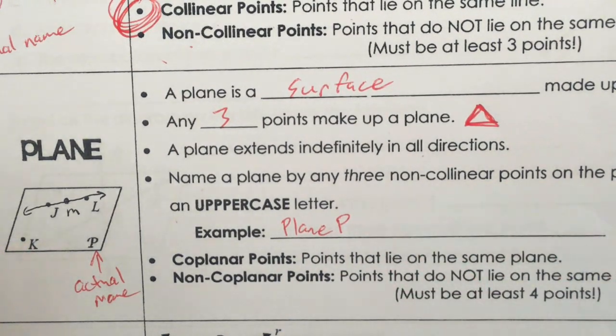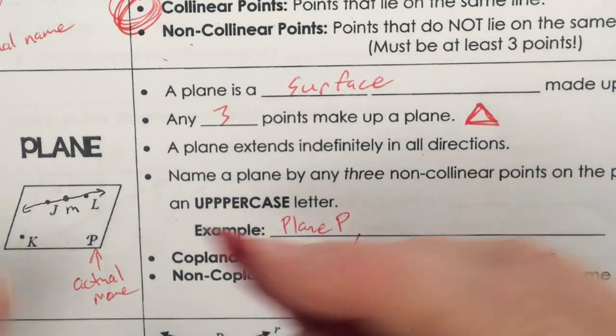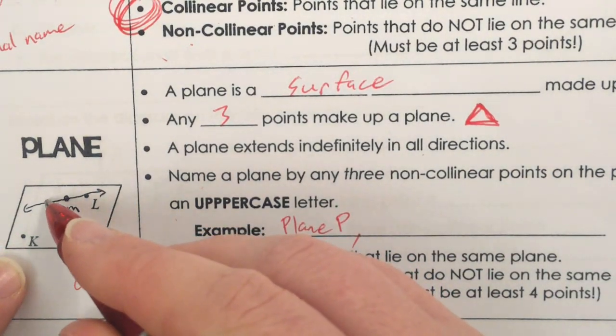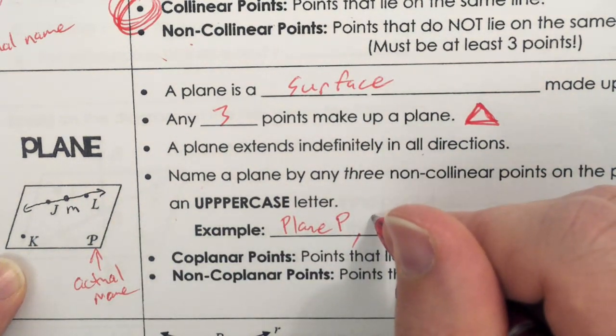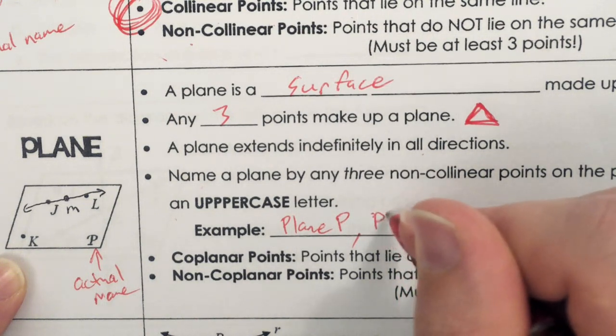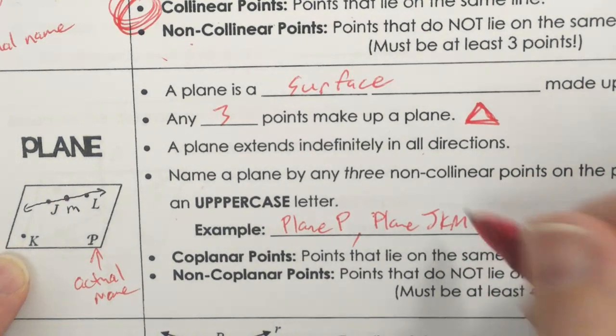But we want points, so 3 non-collinear points. As long as they make a triangle, we're okay. So J, K, M. We would say plane JKM.